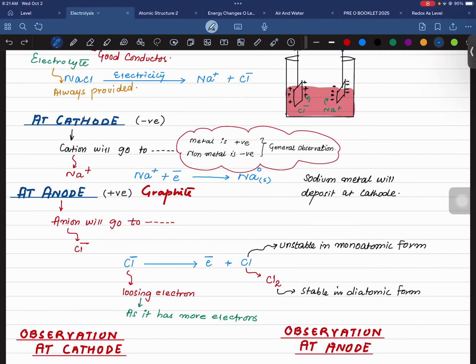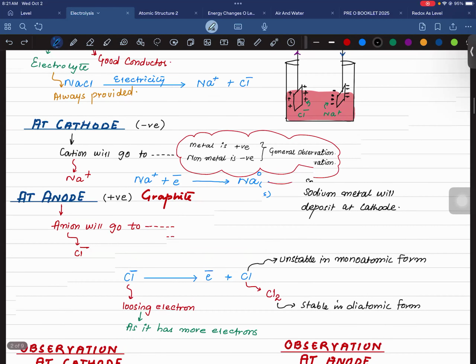If any metal has a zero charge, it means that it is in the solid state.